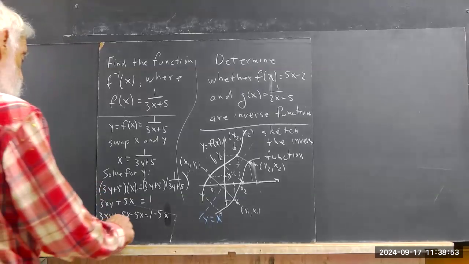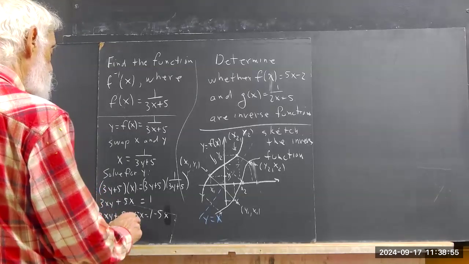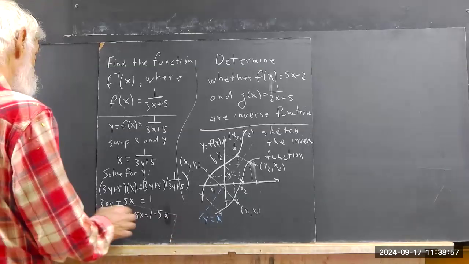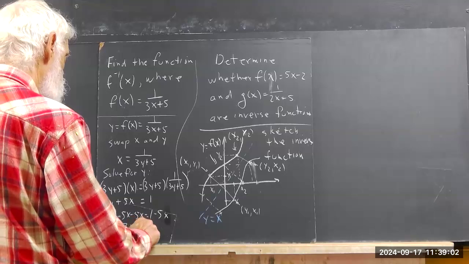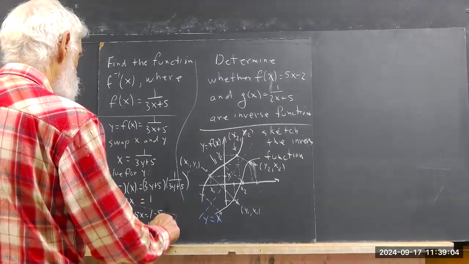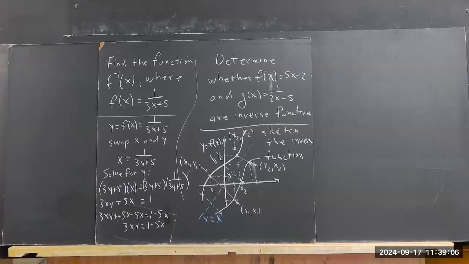Now we simplify. 5x minus 5x is 0. We have 3xy, and that just gives us 3xy equals 1 minus 5x.